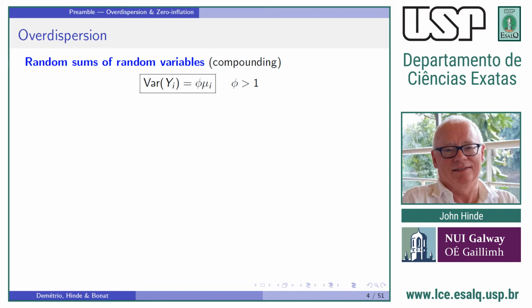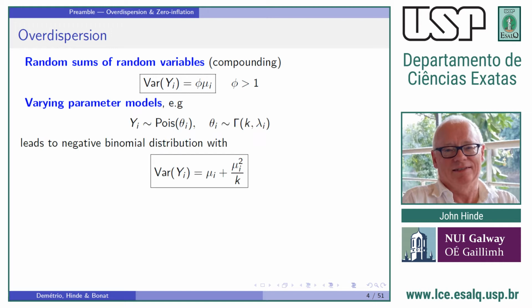If you think about taking random sums of random variables, like a Poisson sum of random variables, simple probability theory shows you that you can get a variance which is some multiple of the mean. It depends upon the types of random variables that you're taking the sum of.